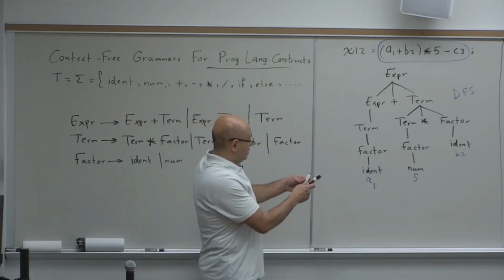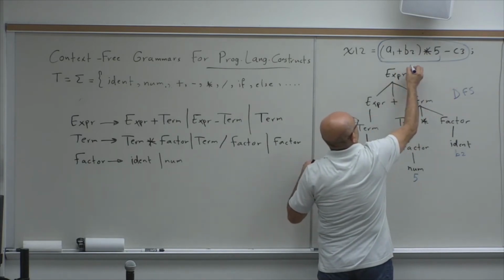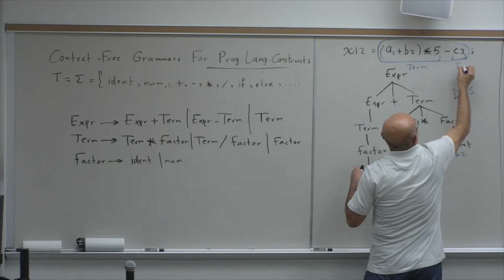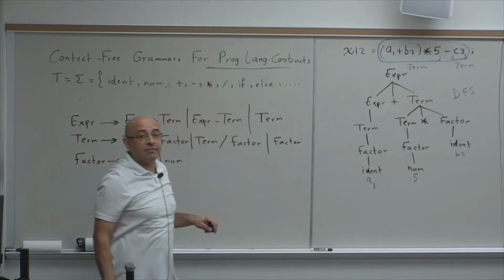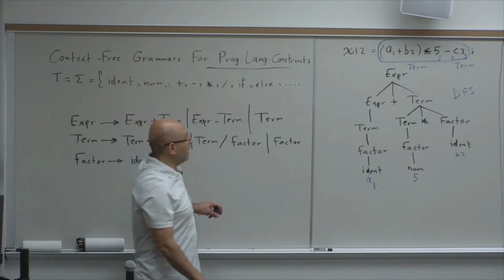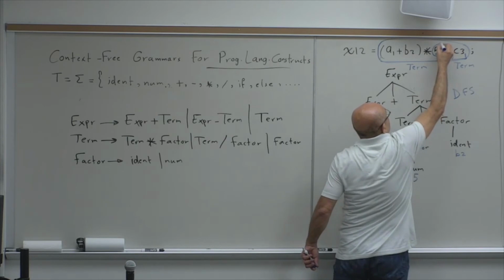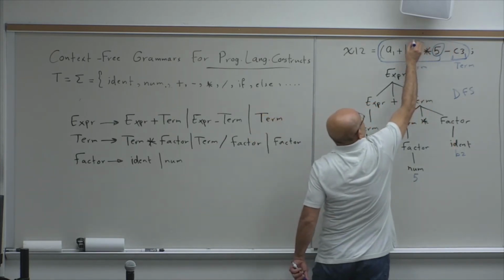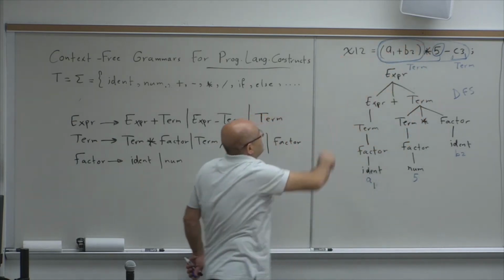Think about this. So this is a term. This is a term. And this is another term. Now, within this term, how many factors do I have? I have 2 factors. Within this term, I have this factor, which is the number. And the other factor is the whole parenthesis structure.